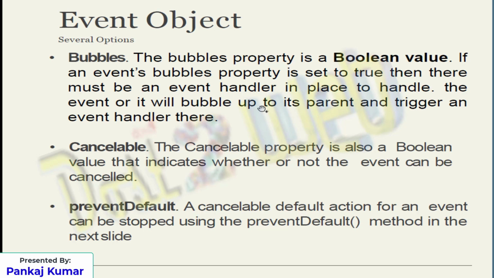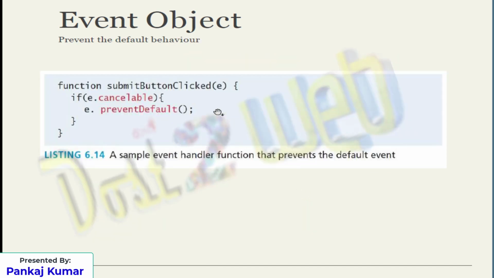If you are defining preventDefault, then preventDefault can also be used. That means you want to cancel the default action that has been defined for the event. Then just use the preventDefault method. You can see the example here. I have used a function, submit button clicked, right? If someone clicks on the submit button, now I want the event handler function to prevent the default event.